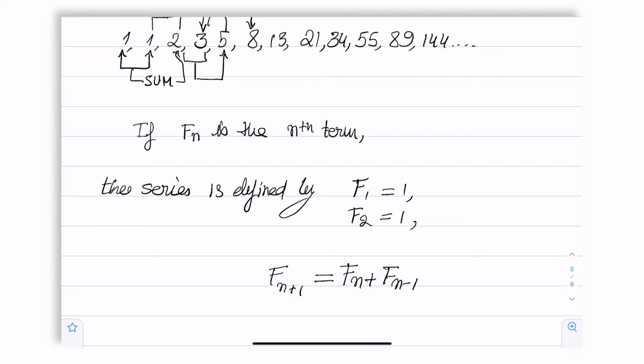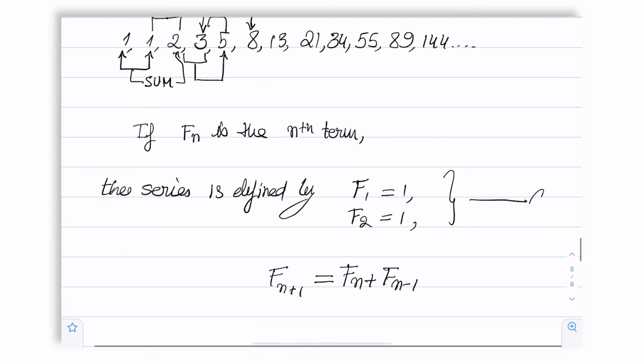That is to say, the n plus 1th value is equal to the sum of the two previous values. We call this equation 1.